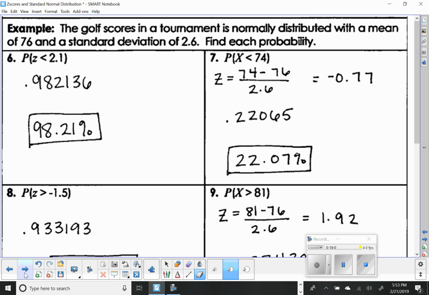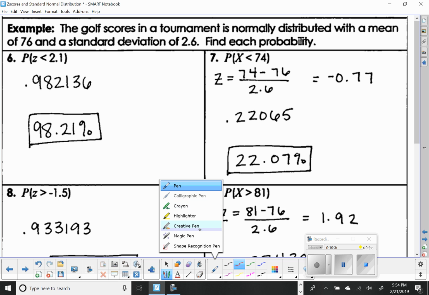Now, these guys, I want to show you a couple of things. The golf scores in a tournament is normally distributed with a mean of 76 and a standard deviation of 2.6. Find each probability. Now, I want to make sure that you are paying attention to the information you're given.